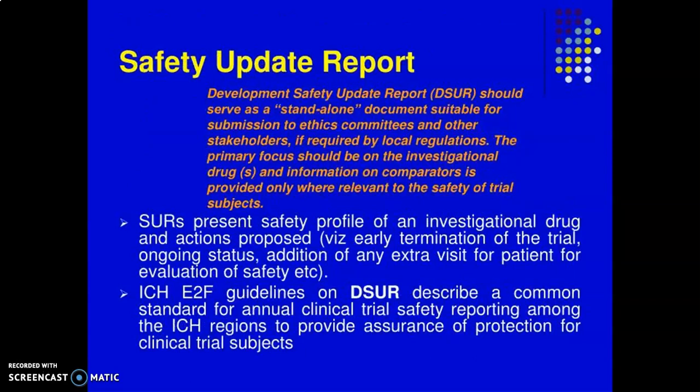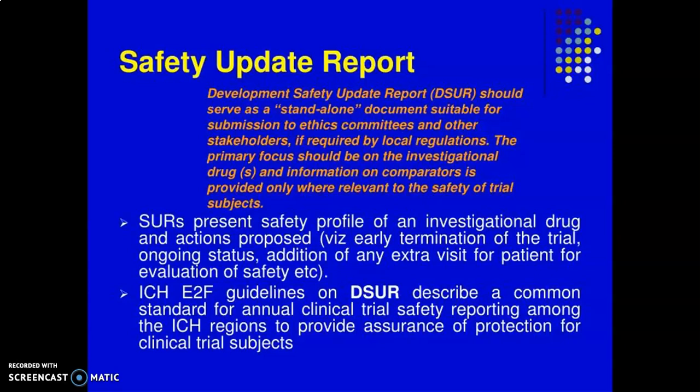And one more aspect is the safety update report, called the DSUR, Development Safety Update Report. As I told in the ethical committee discussion, maintaining such information is very essential, because periodic updates will be there, so that information should be updated to the ethical committee also.